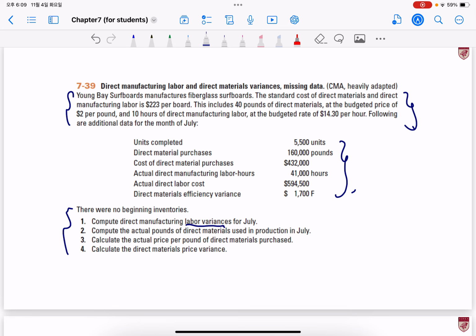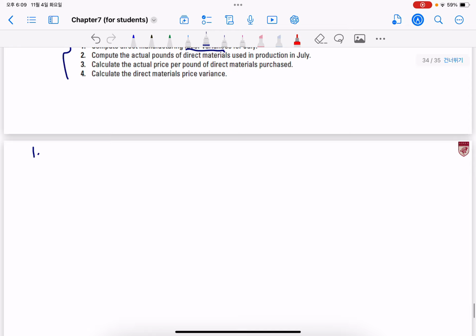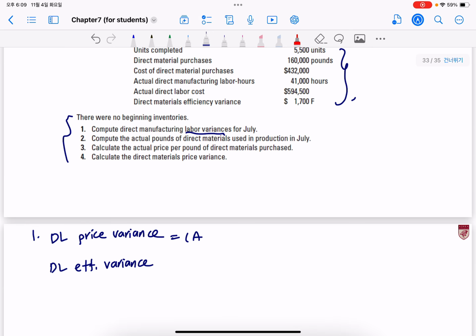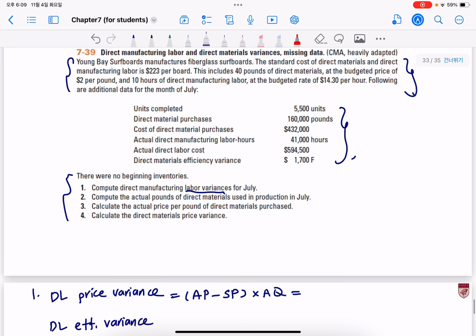Labor variance again can be calculated based on the DL price variance and the DL efficiency variance. The DL price variance is, I'm bringing up the formula just in case, actual price minus standard price times actual Q. So actual wage rate, is it given somewhere here?